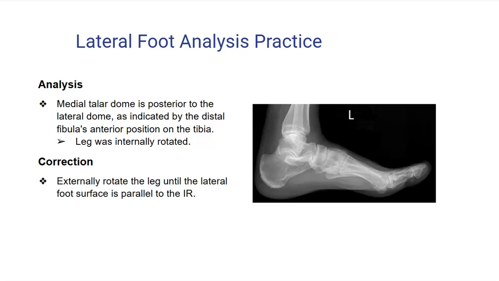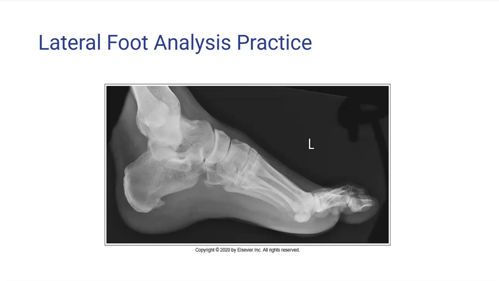In order to correct this positioning error, we need to externally rotate the leg until the lateral surface of the foot is parallel with the IR. This will assure appropriate alignment of the foot for an accurate lateral projection. Go ahead and review this last practice analysis and answer the following question.